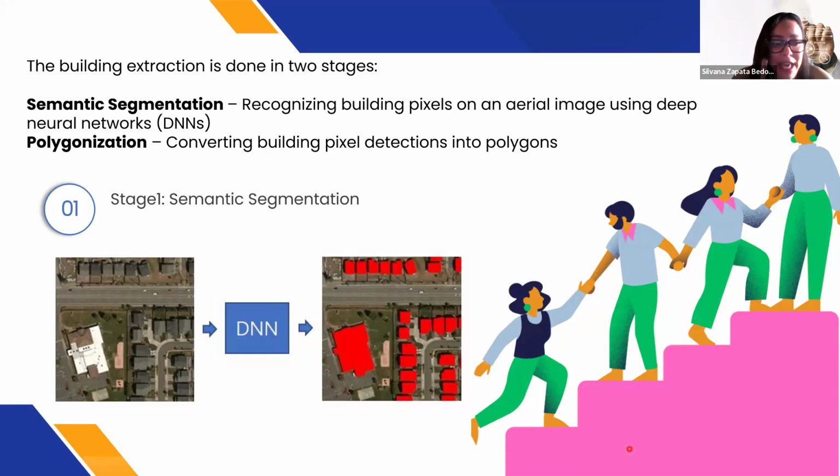These steps use the imagery and the translation of the buildings, and the transformations are created in this first phase.